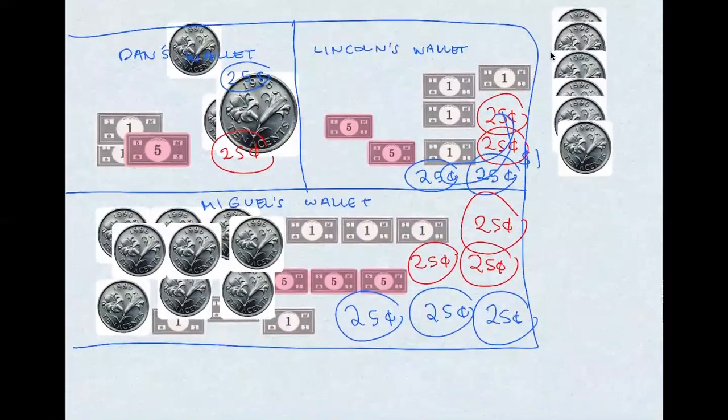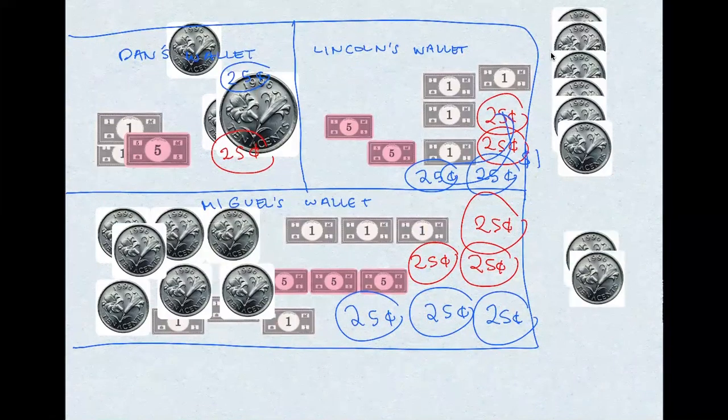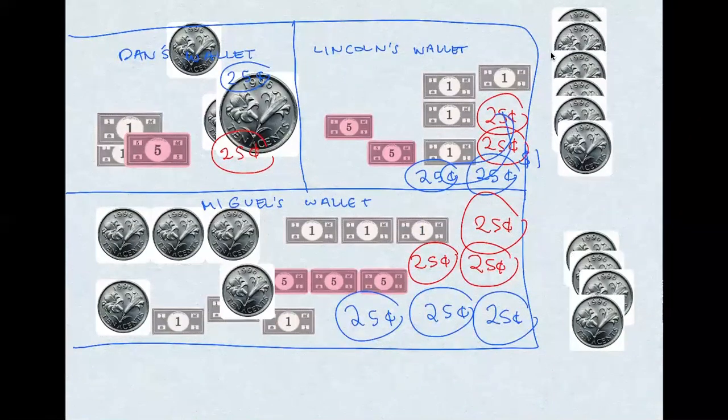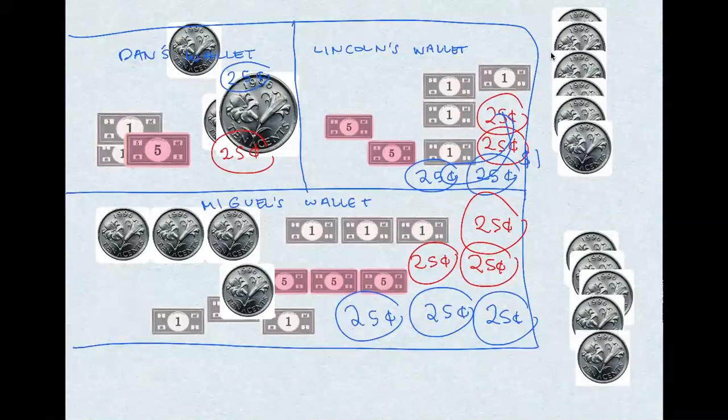And then looking at Miguel's wallet, we have 10 cents, 20 cents, 30 cents, 40 cents, 50 cents. Well, let's see if I can't make $1 with those 50 cents.